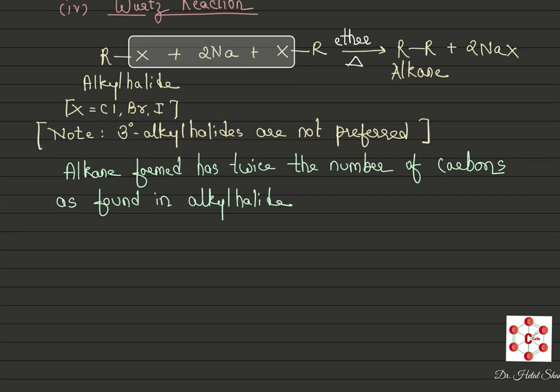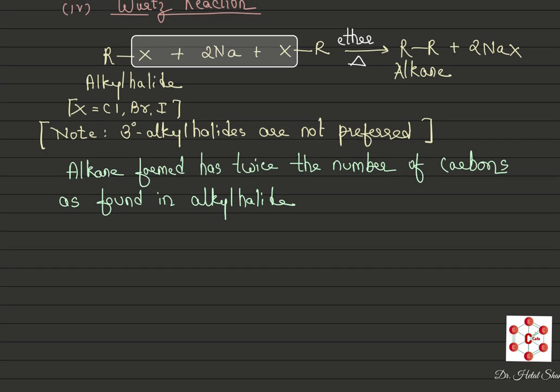I can take a regular example and show you how this works. Suppose I take 2 CH3Br plus 2 Na.